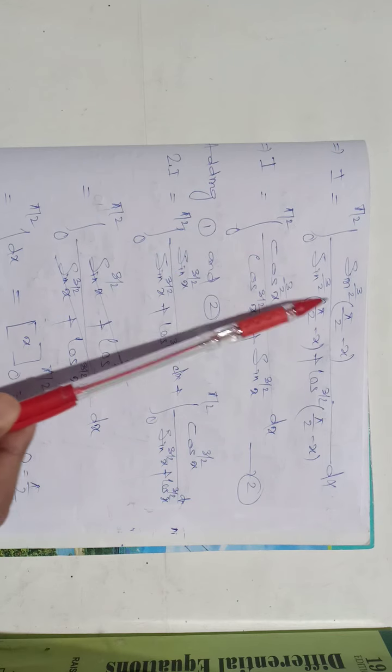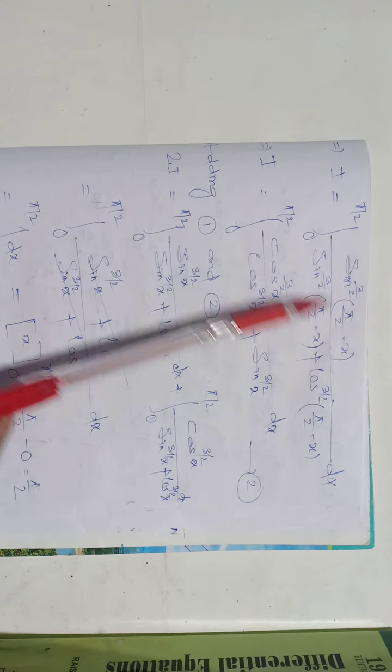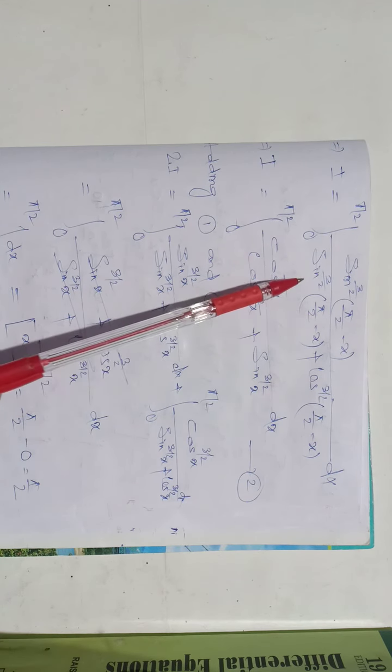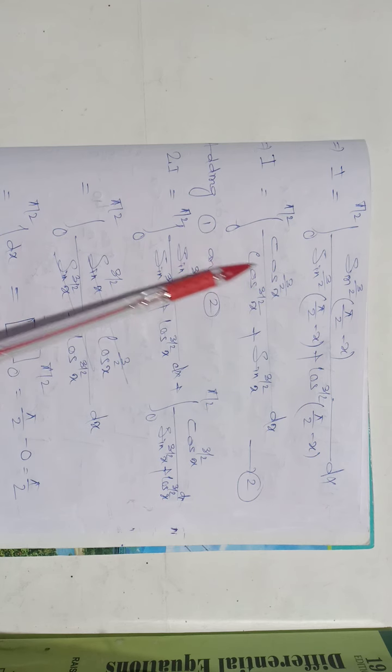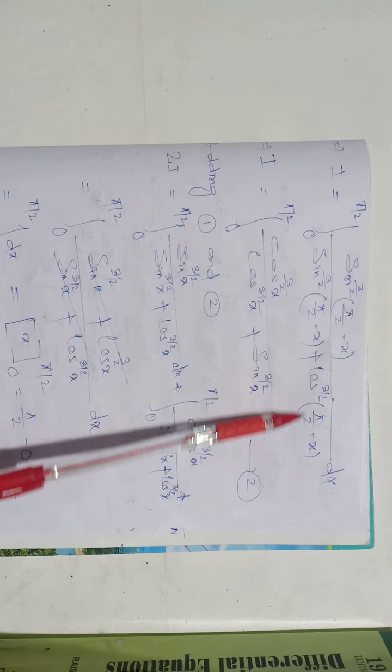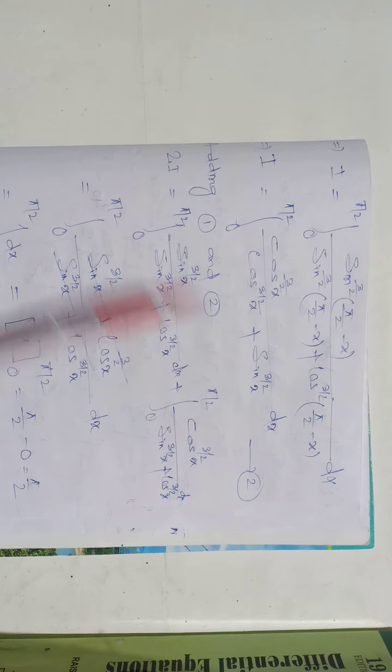So 0 to pi by 2, the value of this is cos to the power 3 by 2 x, and the value of this is cos to the power 3 by 2 x, plus this one is sin to the power 3 by 2 x. Now this is also I.